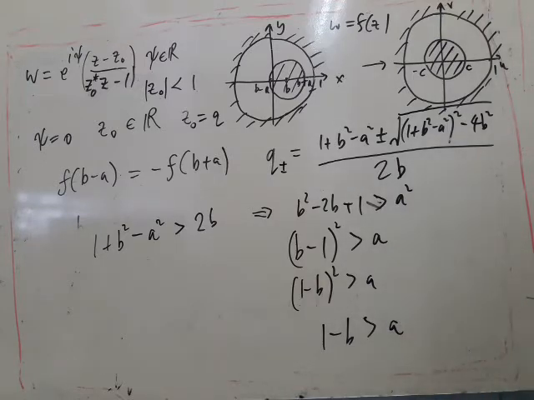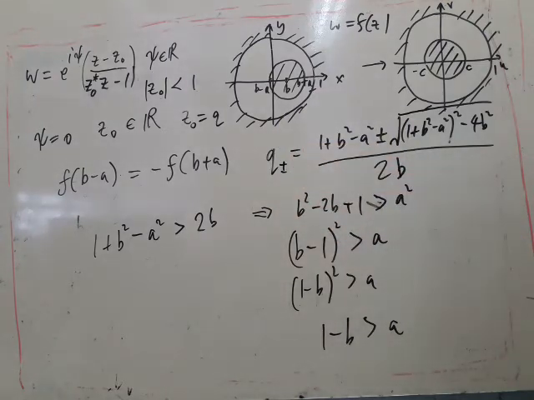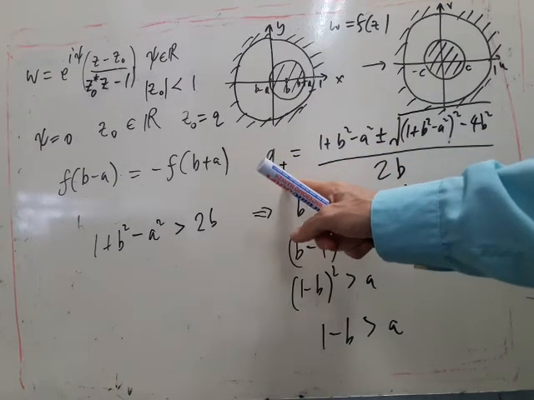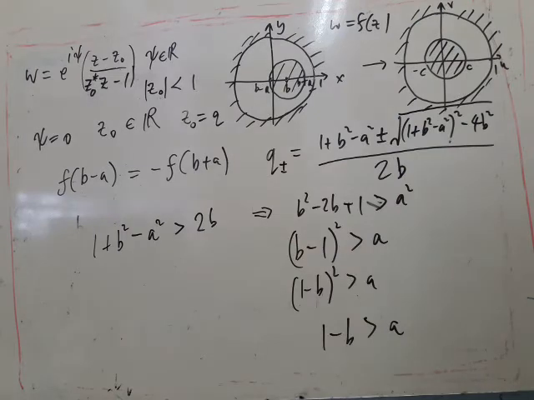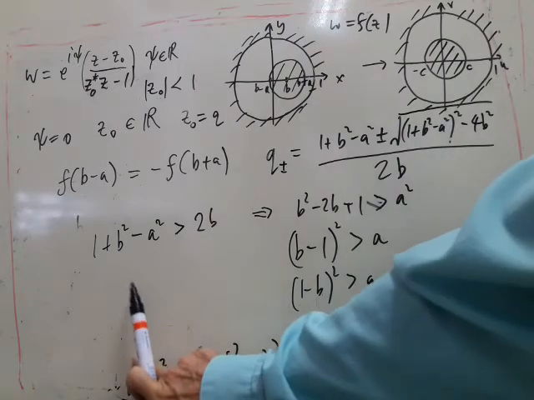Okay, so the next question is which one of these roots we need, something which has modulus less than 1. I've managed to rub off the quadratic formula which I need. Here it is again.